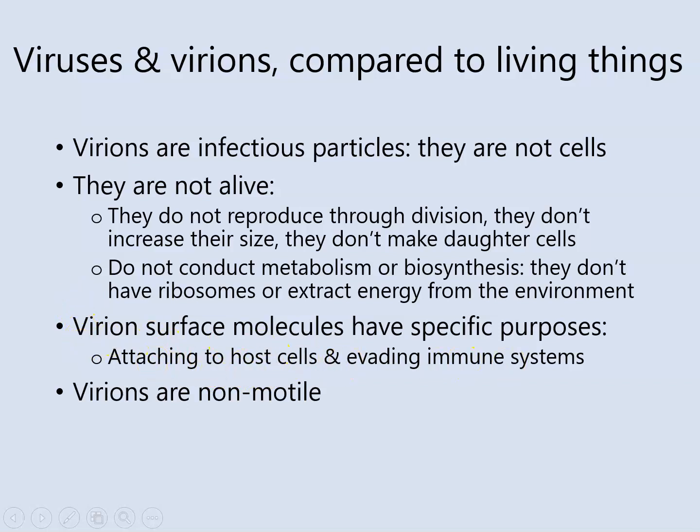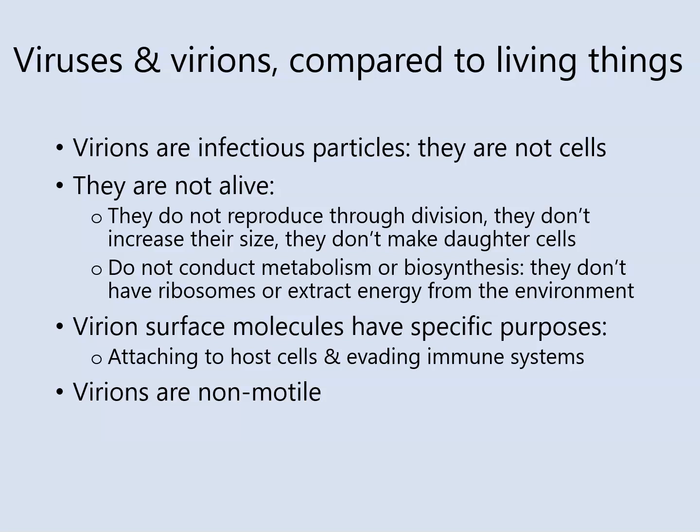The molecules on the surface of a virion exist just to get to a new host cell and evade the immune system. So that's really all you're looking at on the outside of a virion. All those spike proteins, all they're trying to do is hide from the immune system and then attach to a host cell.